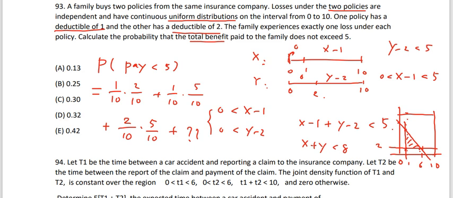For x equal to 1, y equals 7, so this side is 6. The area is half times 5 times 6, which is 15. So this equals 15 over 10 squared, 100.